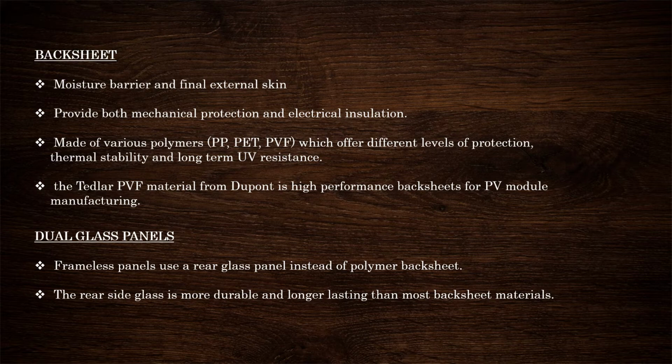Instead of using the backsheet, other manufacturers also use dual glass panels. The dual glass panel is a rear side glass that is more durable and longer lasting than backsheet materials.